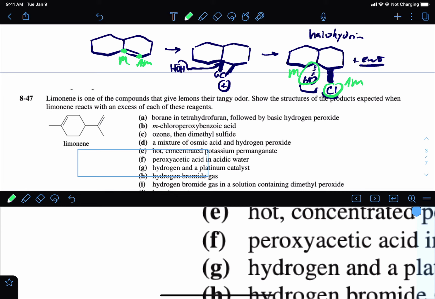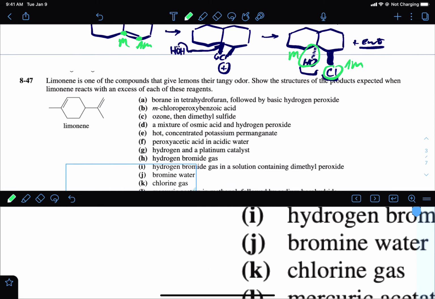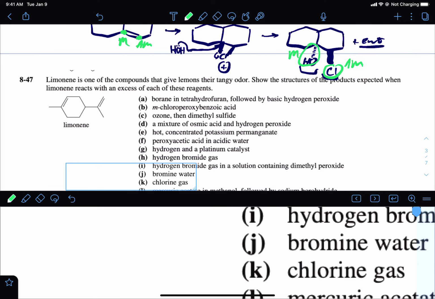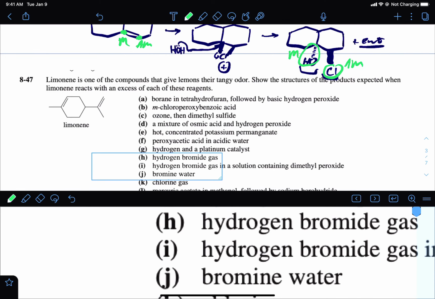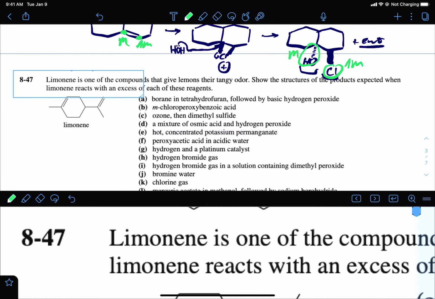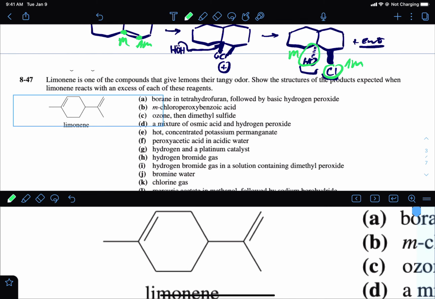I'm gonna skip this. It's the same reactions. The only thing is you have to pay attention because we've got two double bonds here. We've got the double bond here and the double bond here. So here's the logic.